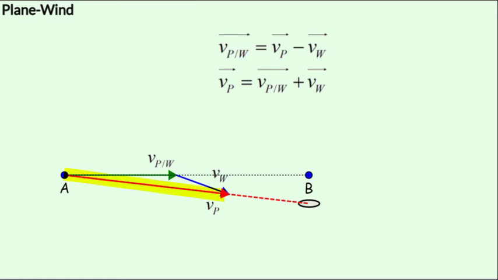Vp is the actual direction the plane ends up traveling in. So you have to remember that the resultant vector is Vp, much like in the riverboat problems where the resultant vector was Vb. Vp is the velocity of the plane with respect to the ground. So this is as observed by a stationary observer.